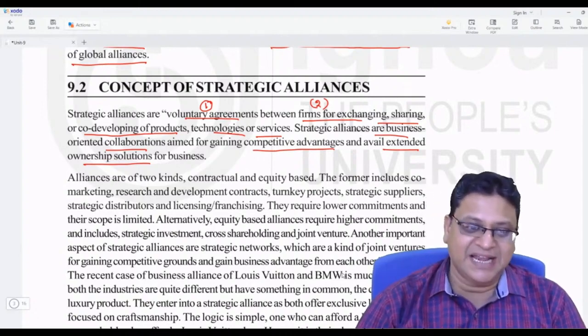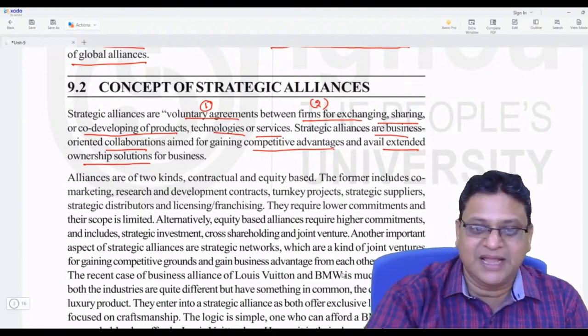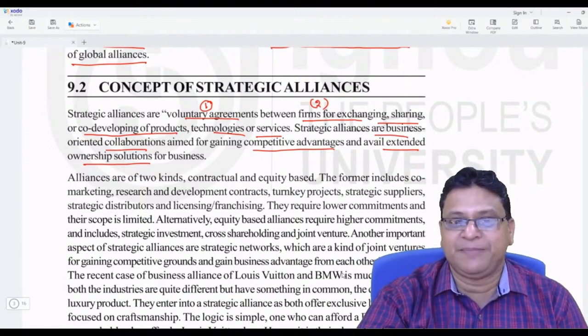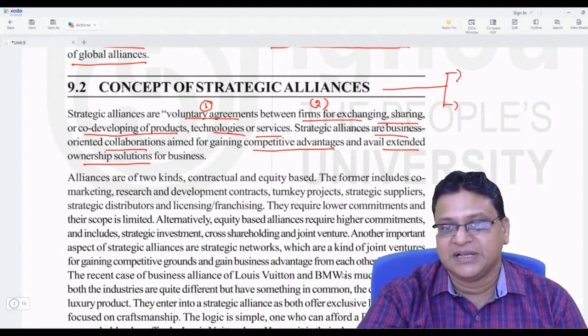The strategic alliance may be of two types. One is contractual alliance, another is equity based alliance.